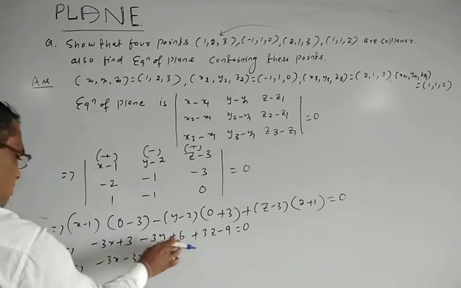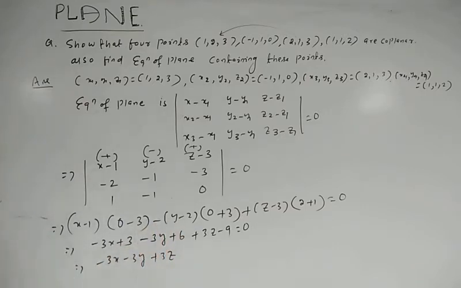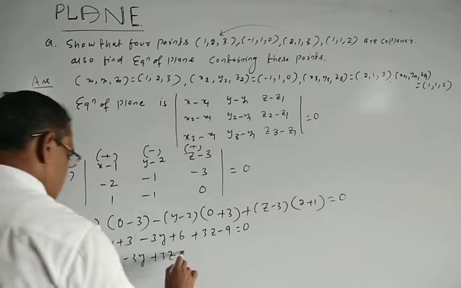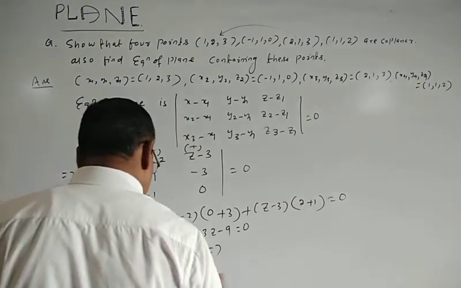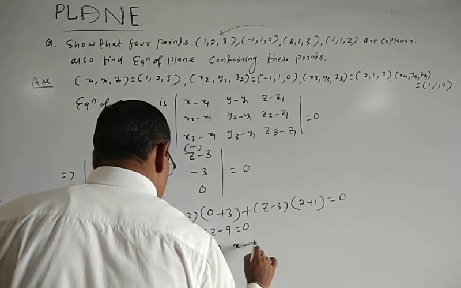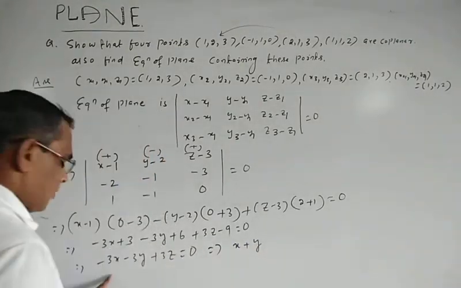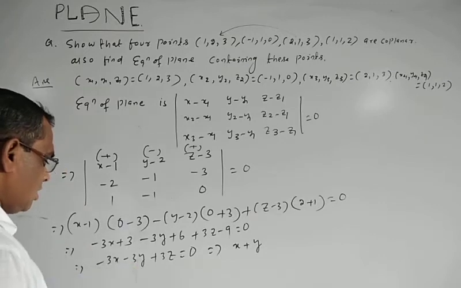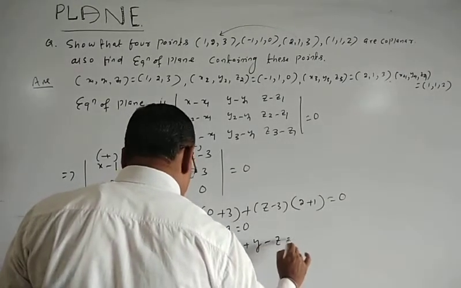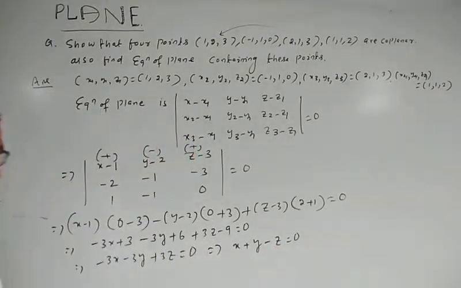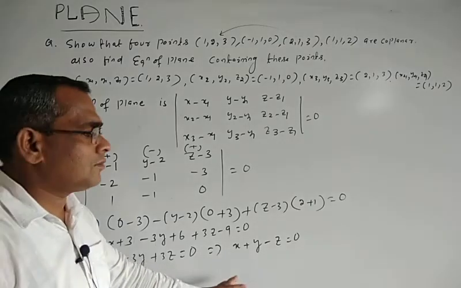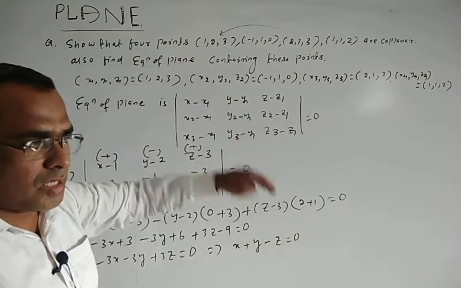Okay, here 3 plus 6 is 9, minus 9, this is 0. That implies taking minus 3 as common, x plus y minus z is equal to 0. So this is the required equation of the plane containing these points.